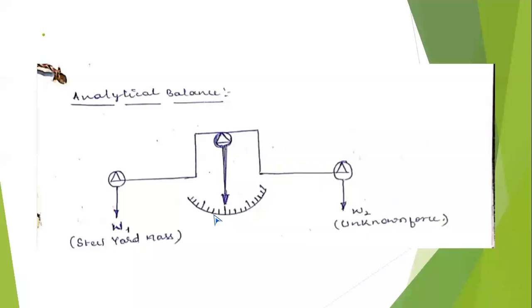Once again, keep the dead weight of 1 kg in the left pan. That is in the metric system. And the 1 kg of sugar, fill in the cover and place it in the right side pan, that is considered as W2.